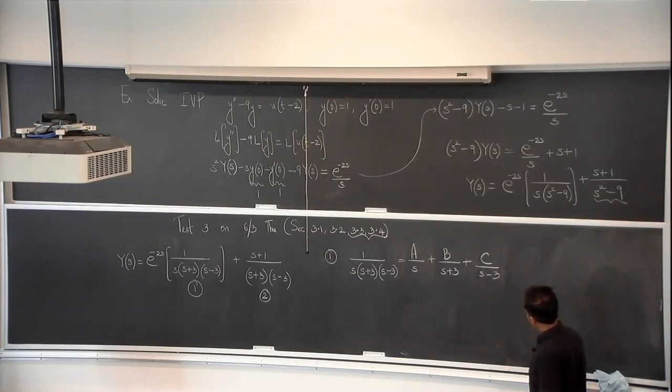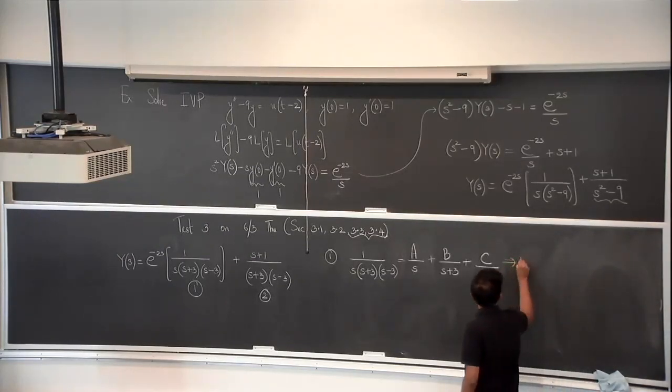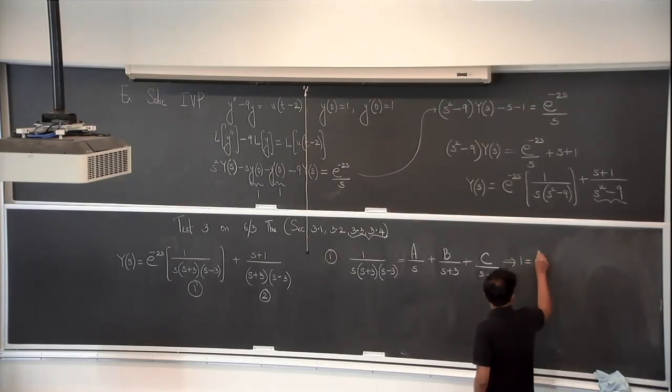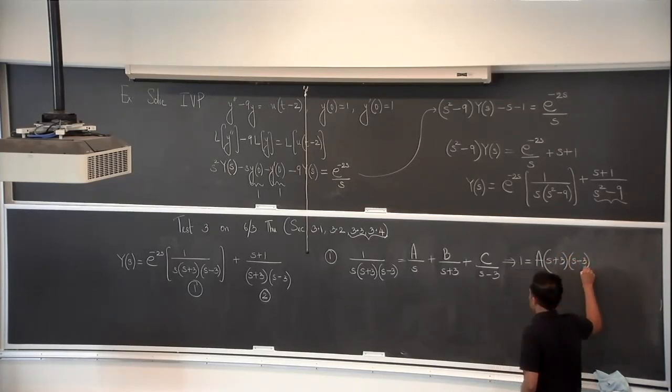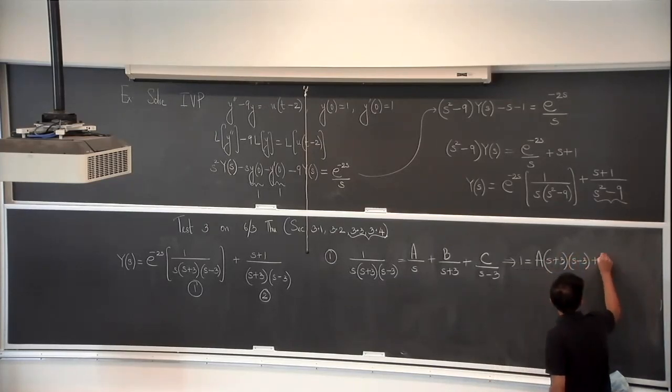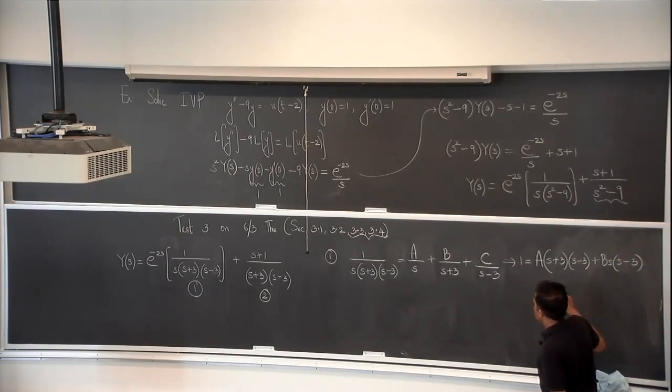So if you clear the fractions, you get 1 equal to a times s plus 3 times s minus 3 plus b s times s minus 3 plus c s times s plus 3.